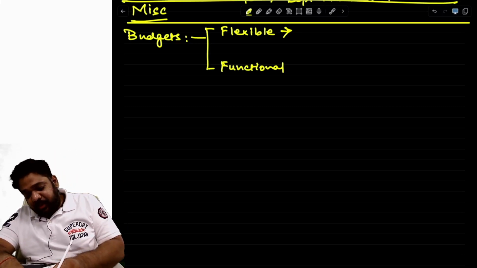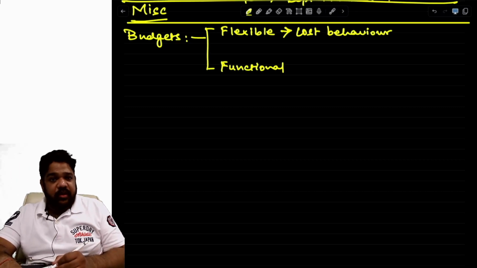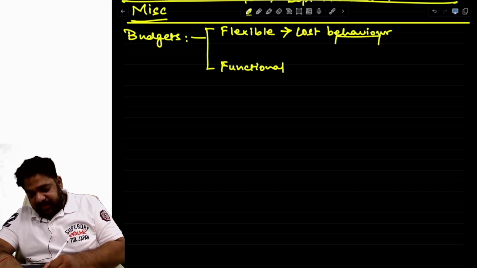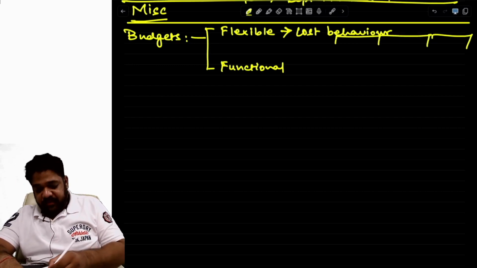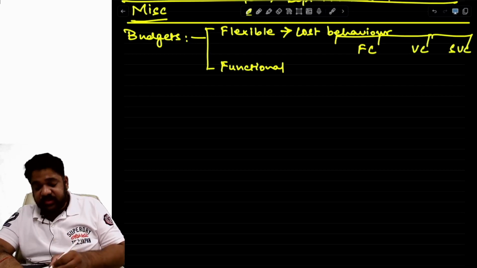Okay. Key important thing to understand and remember over here is cost behavior. The cost behavior will be of three types: the fixed cost, the variable cost, and the semi-variable cost.